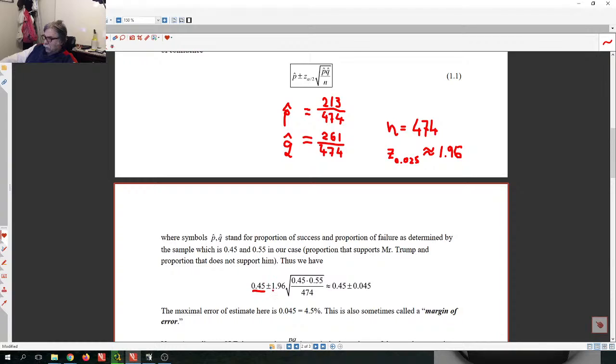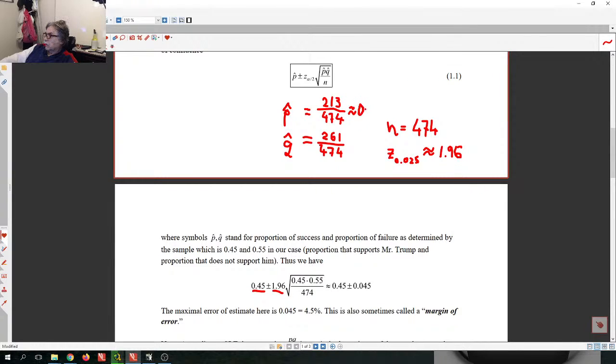Give or take the critical value, Z alpha half, in this case Z alpha half is 0.025, 2.5%. Half of significance, 1.96. I'm writing that down here. And I have the radical of the P hat Q hat divided with N. So I have a P hat, so this is approximately 45%.